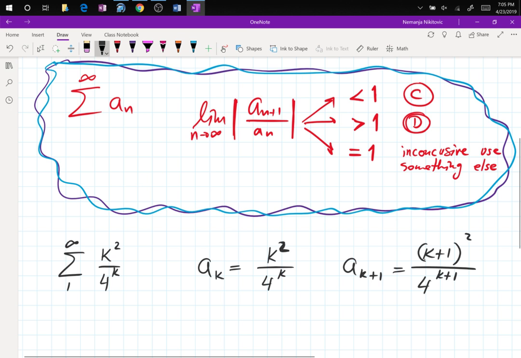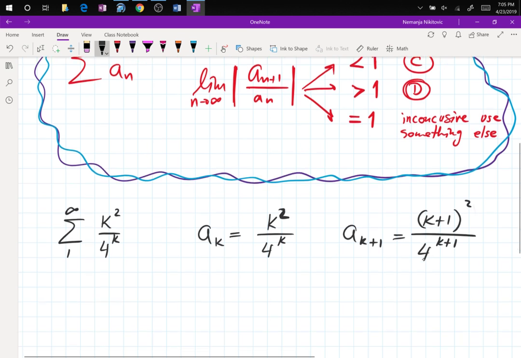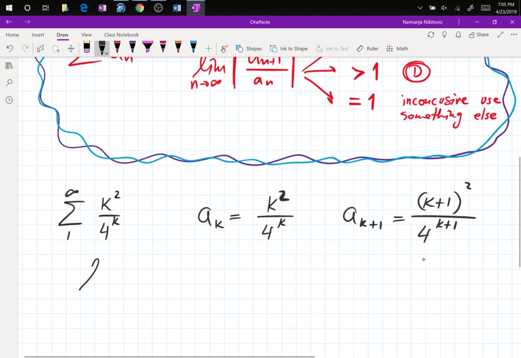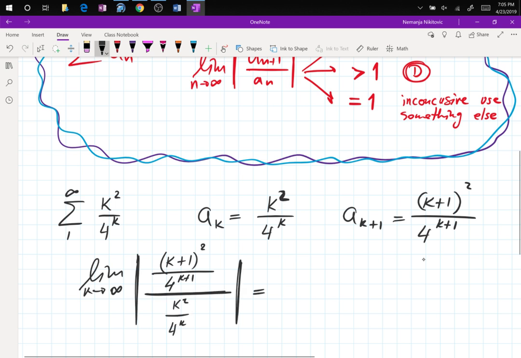So every k gets its plus 1. And now all I do is the limit, k goes to infinity, of a_(k+1) divided by a_k.